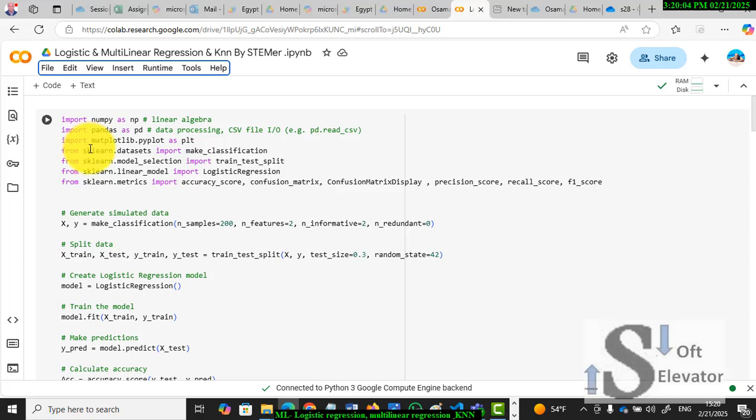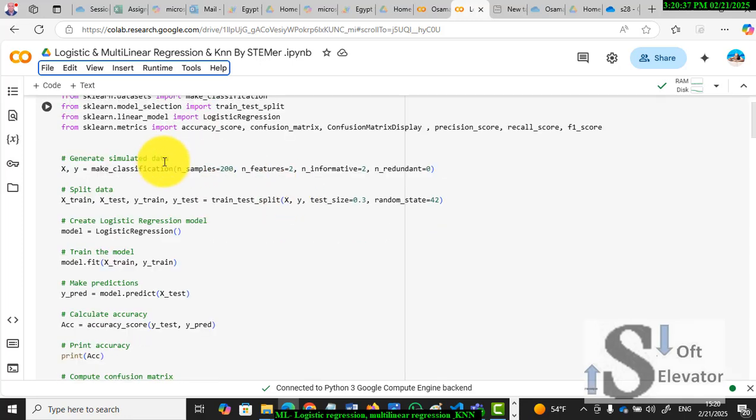From sklearn we have datasets to create a random dataset, sklearn model selection to import train_test_split, sklearn linear model for logistic regression, and sklearn metrics to import accuracy score, confusion matrix, confusion matrix display, precision score, recall score, F1 score.